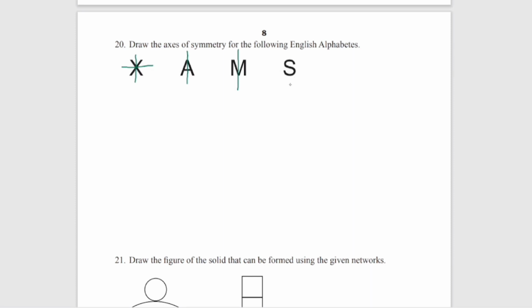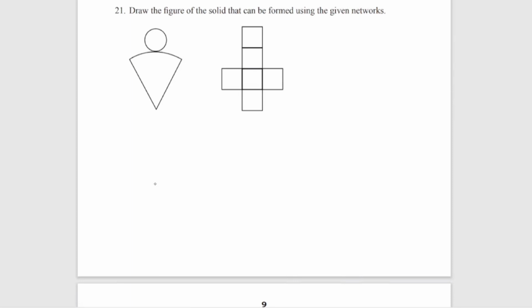However, the alphabet S doesn't have any line of symmetry. There is no axis of symmetry. Moving further to the next question, draw the figure of the solid that can be formed using the given networks. So by looking at it, we know the first network is of a cone and the second is for the cube.